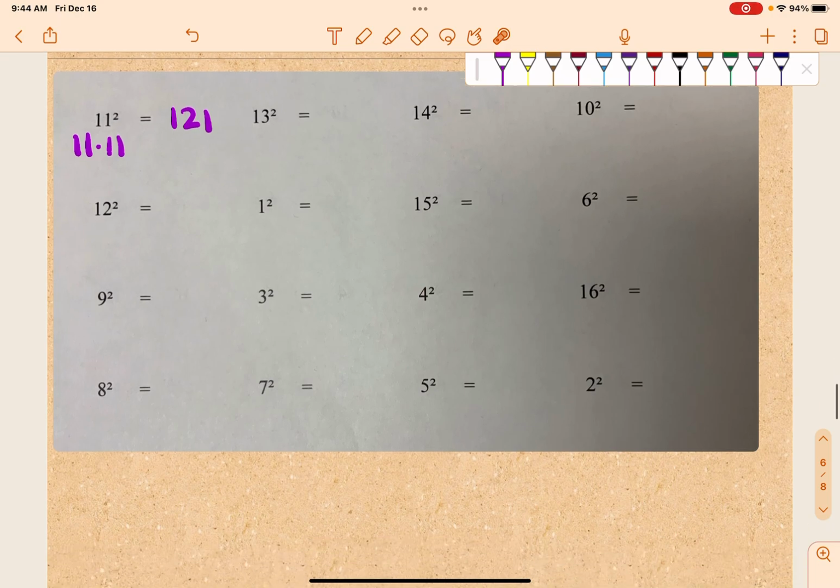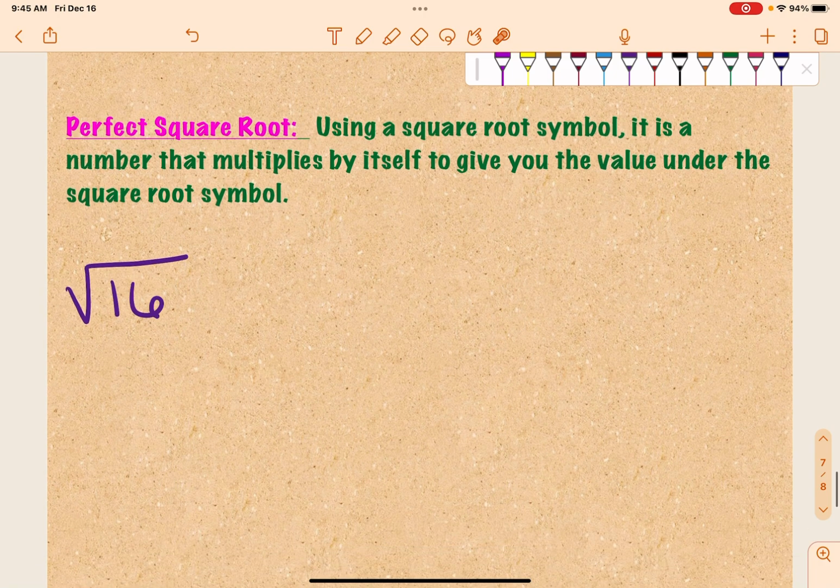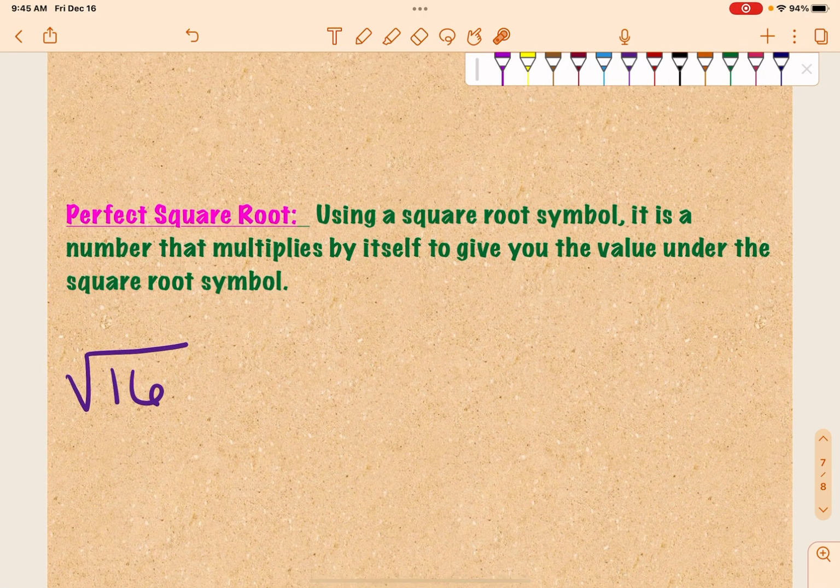Okay, now the opposite of that is square roots. So a perfect square root, first of all, uses a square root symbol. So that means it has to have a symbol that looks like this. Okay, and you look at the number that's underneath it, and you want to figure out what number times itself would give you that number underneath.